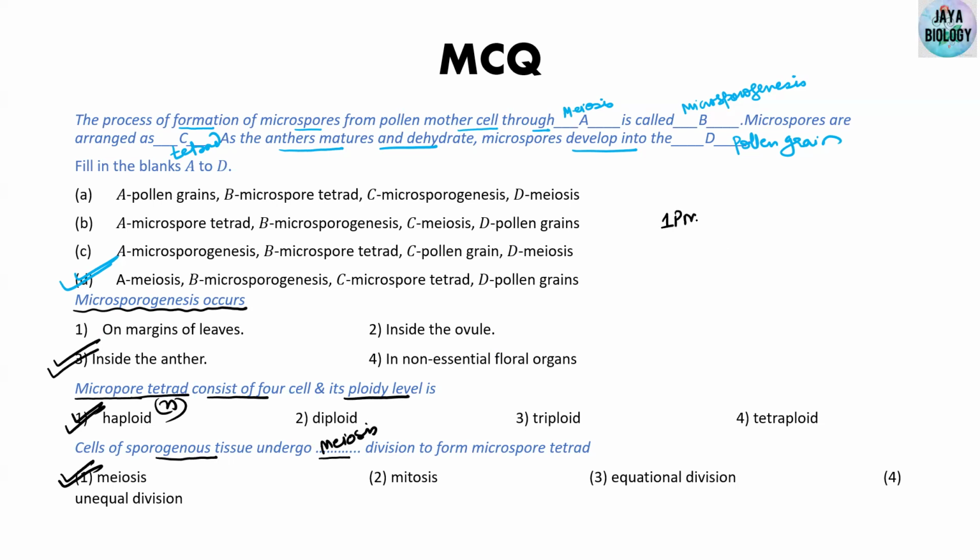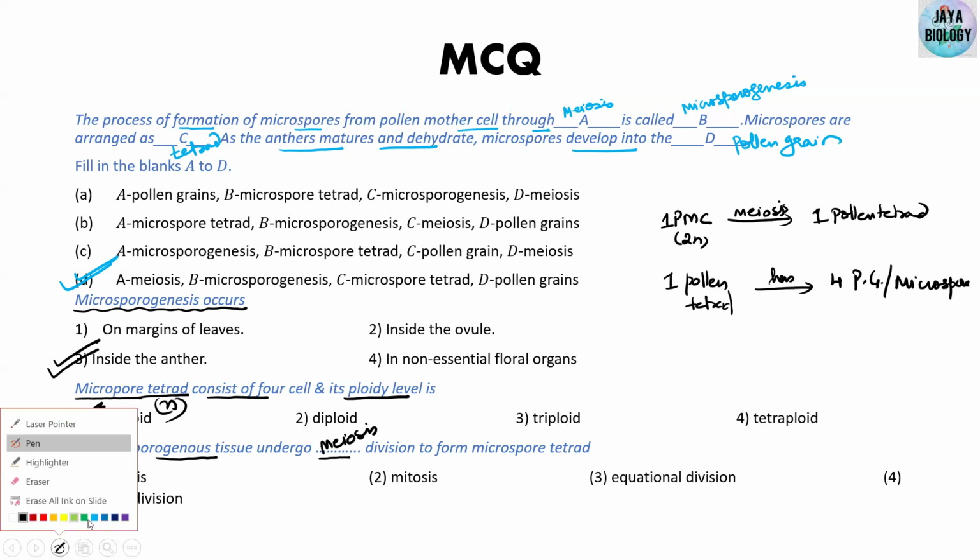And one numerical question, please understand once again. 1 PMC, whose ploidy is 2n, will undergo meiosis to form 1 pollen tetrad, and 1 pollen tetrad has 4 pollen grains, or you can say microspores.